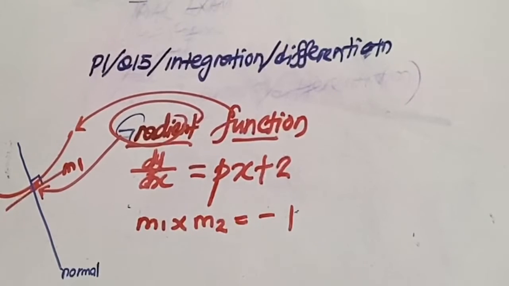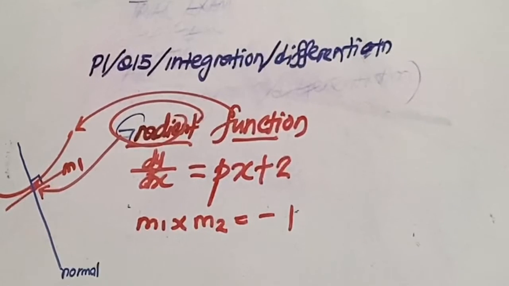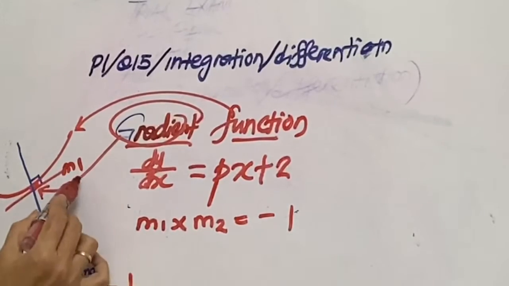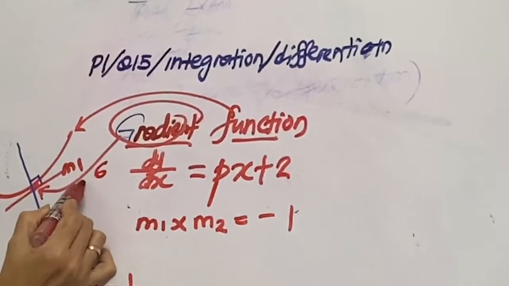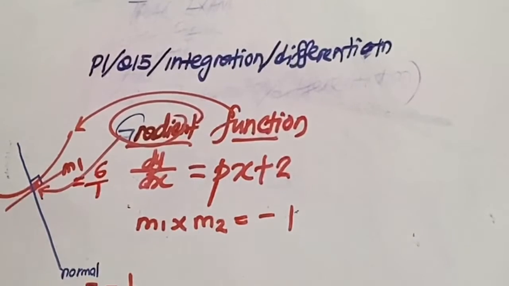So if they give you normal, you can find dy dx. The question say the normal gradient is negative 1 over 6, m2. So very fast you will find the m1, just inverse the 6 over 1. If this is negative, it becomes positive. So your m1 is actually negative 1 over m2, right?